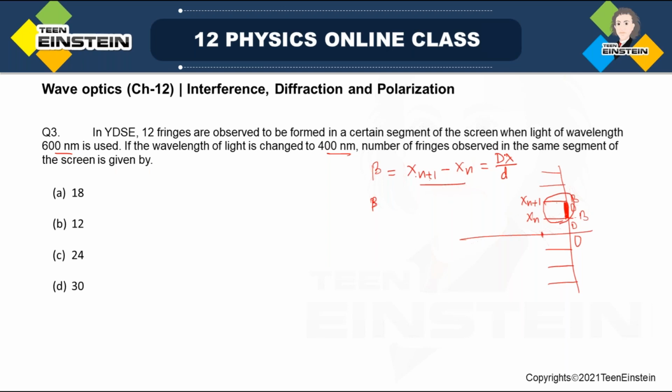So just the wavelength has been changed. What we have seen here is that the fringe width beta is directly proportional to lambda.